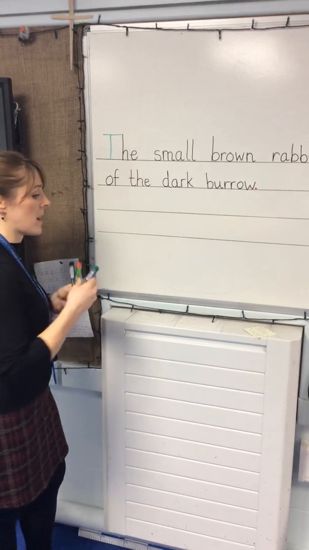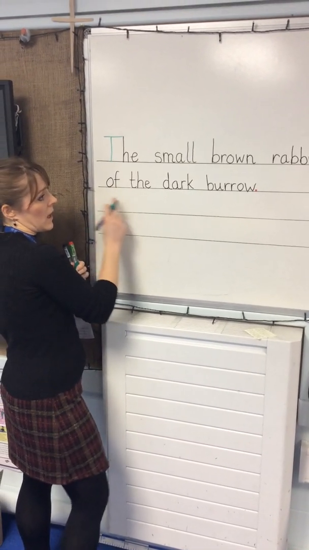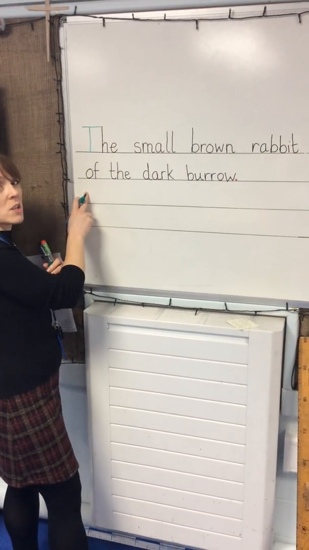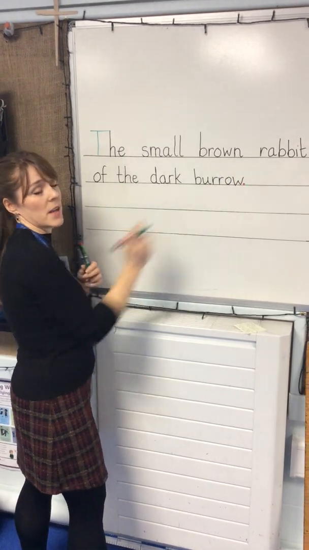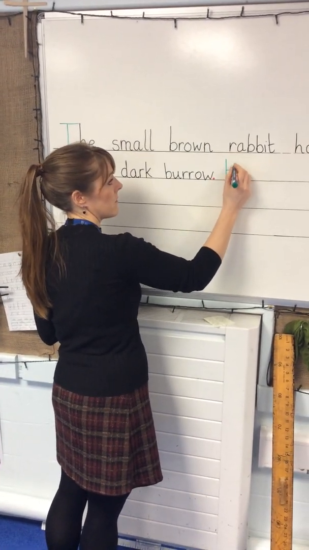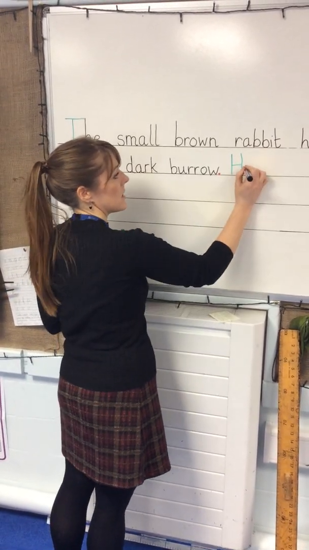So now I need to write that part. Now, I have got some space on my line here, so although I was going to start a new line, I don't need to. I can carry on after my full stop. So, he, keep saying your sentence if you find it tricky to remember it.